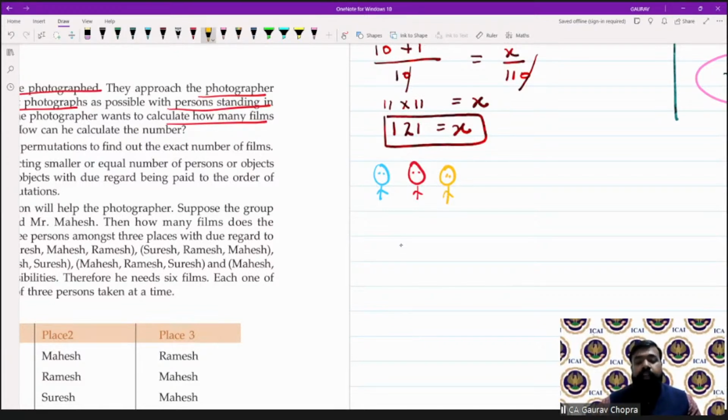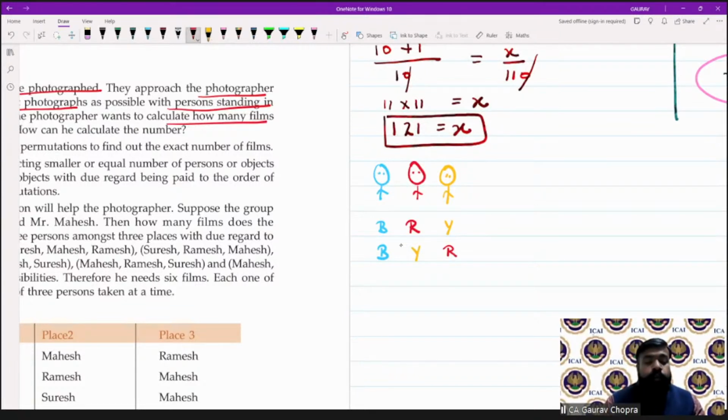We have different options. The first option is blue, then red, and then yellow. Now, if blue is still standing at the first position, red and yellow can interchange their positions. So red and yellow have interchanged their positions.